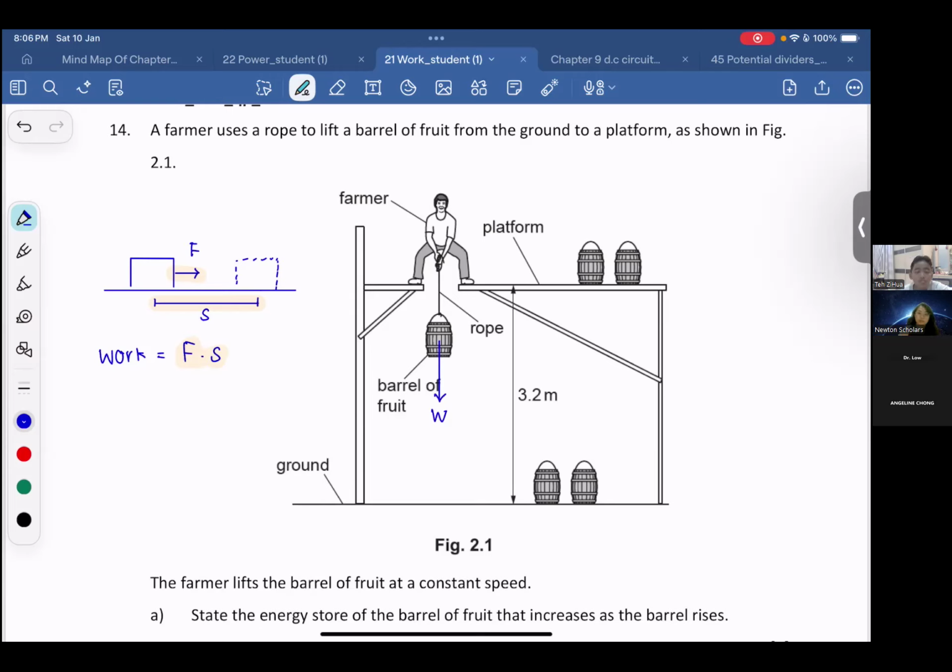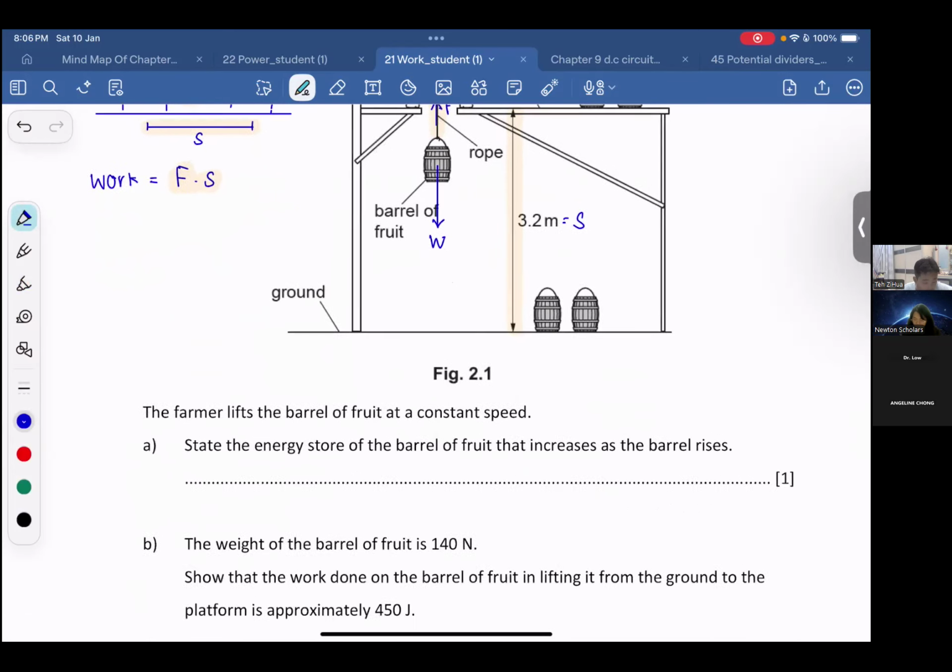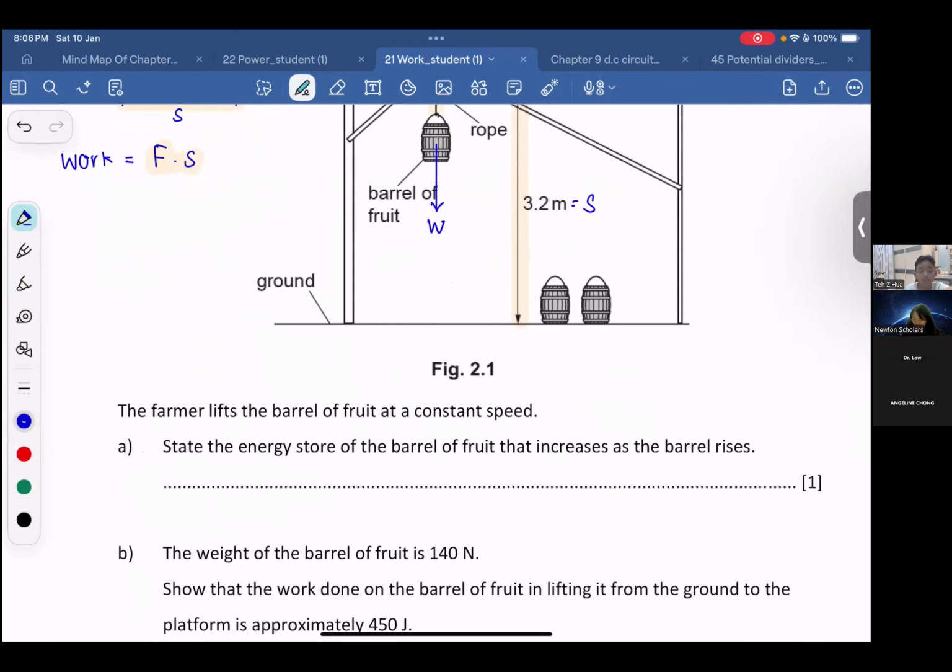If you want to lift it, you also need to apply the same magnitude of force lifting it up. This 3.2 is the distance that we move. Can you see that the force and the distance direction are in parallel?